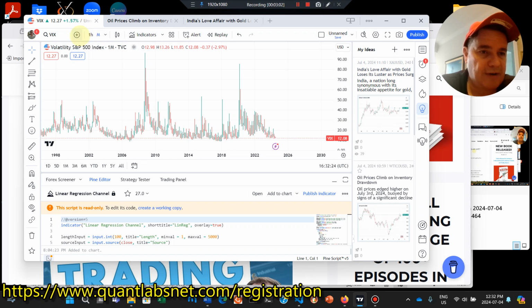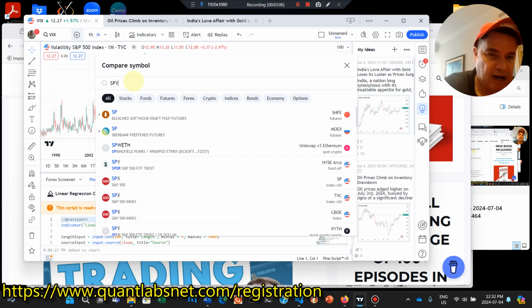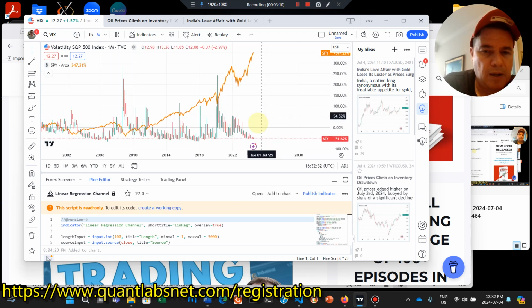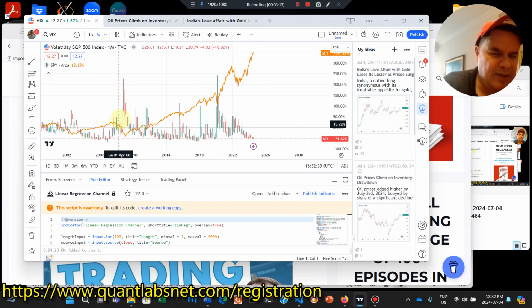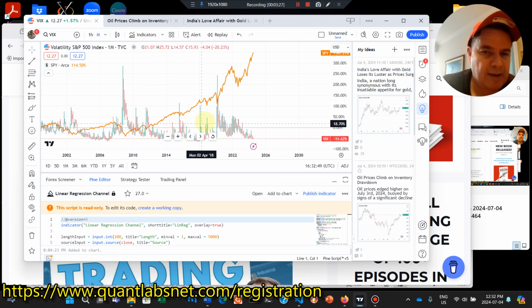Now, let's say if I did a cross compare of, let's say, the SPY to see the impact of it, you can see here there is a little impact here on the extreme level of VIX, and yes, the markets did decline. But you can see here that the VIX relative barely draws down the SPY.